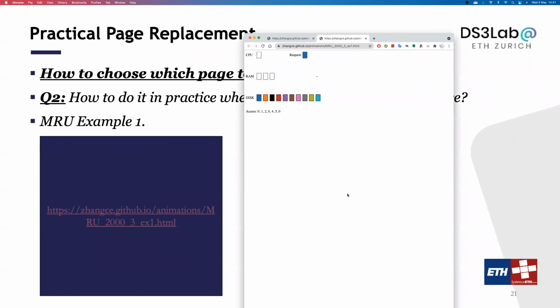This is the same access pattern as LRU. The first three accesses are very simple, because I have 3 pages in my buffer. I do the blue, the orange, and the black one.